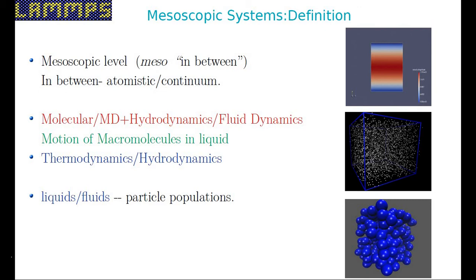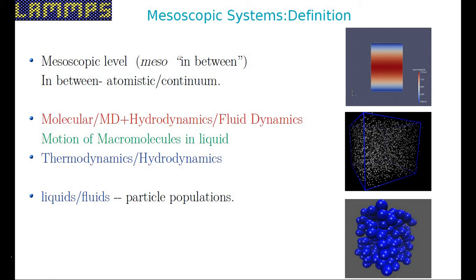So, in the mesoscopic level, we study fluid particles that are in the regime between the atomistic and the continuum. So we have a description that is in between these two regimes. Basically, the word meso means "in between" in Greek.